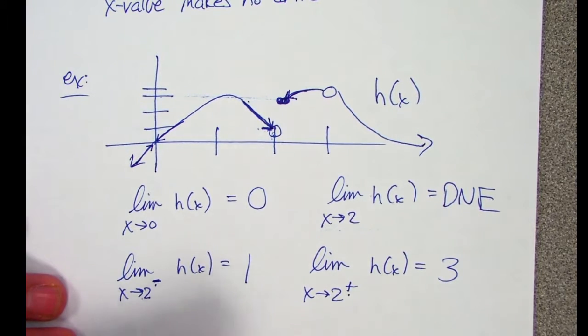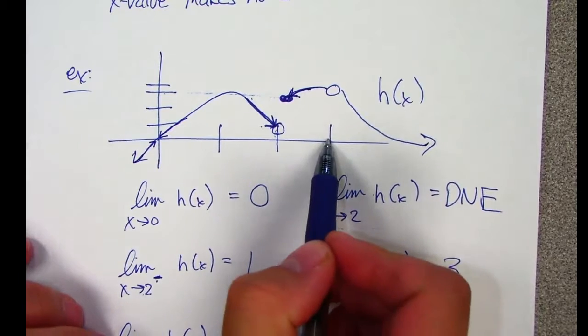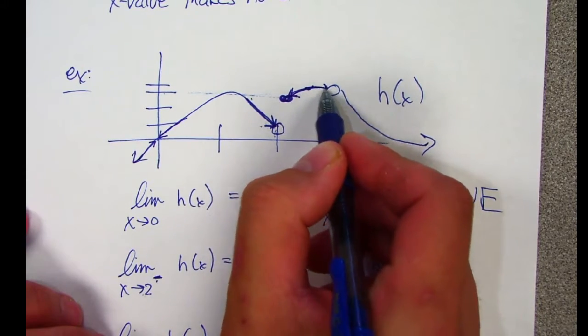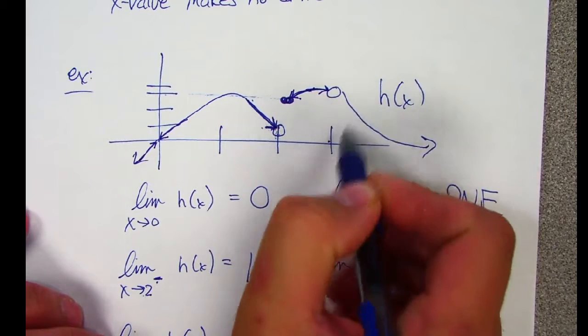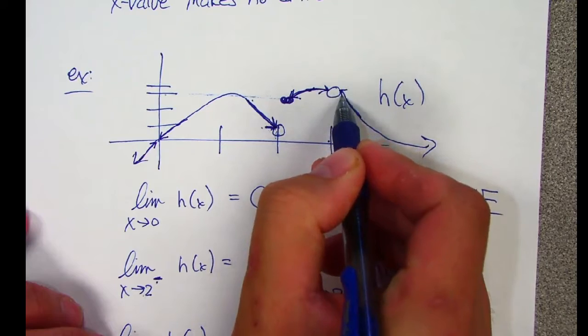All right, let's say I asked you for the limit as x approaches 3. And this is where I'm talking about how it doesn't matter whether the y value exists at that point or not. So x equals 3 is here, and if I jump to the left of x equals 3 and get on the road, it's heading toward that y value. If I jump just to the right of 3 and head down the road, it's heading toward that y value.